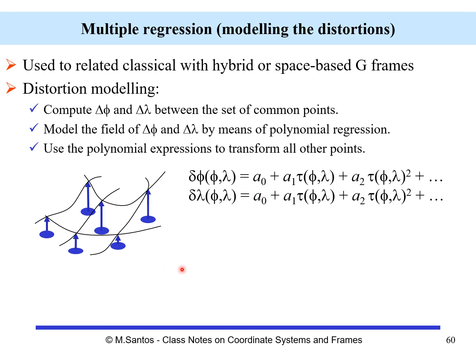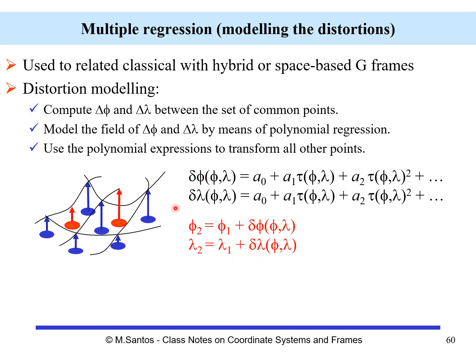So if you now want to determine coordinates of points, here we have these points. These are points for which we don't know the delta phi or the delta lambda. We know the coordinates in the classical system, and we want to get the coordinates in the space-based system. So we just apply the polynomial given the coordinates of the point in the classical system.